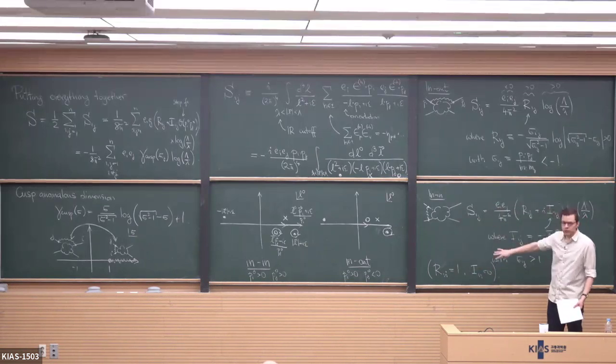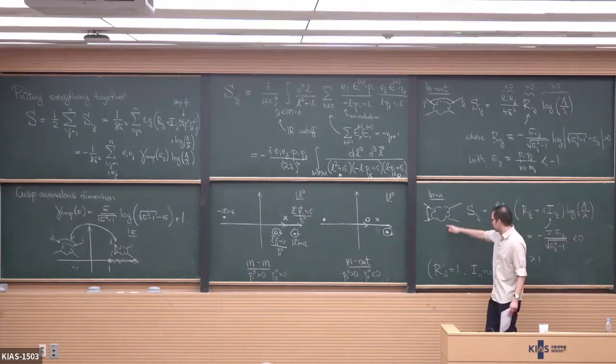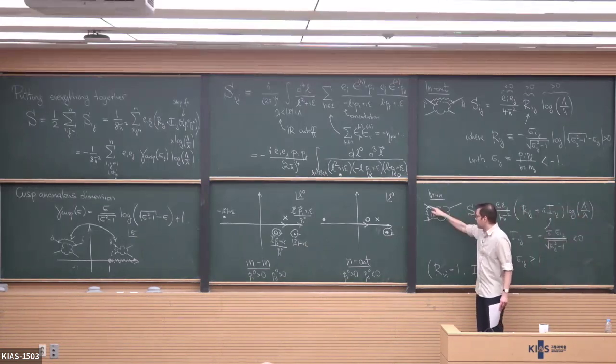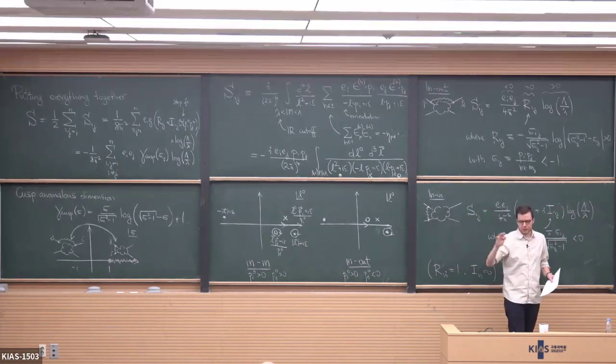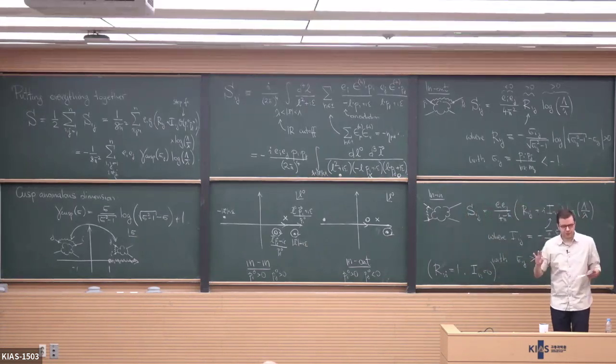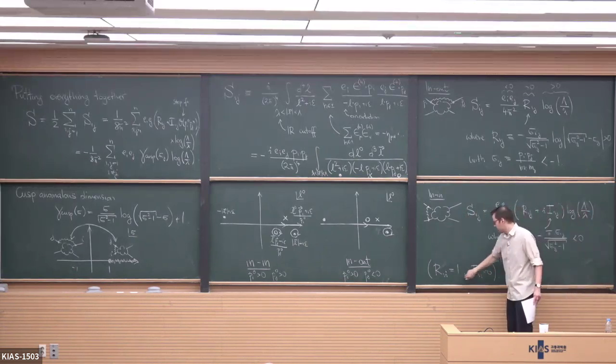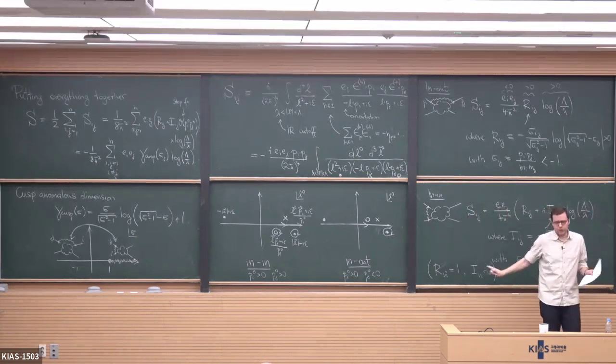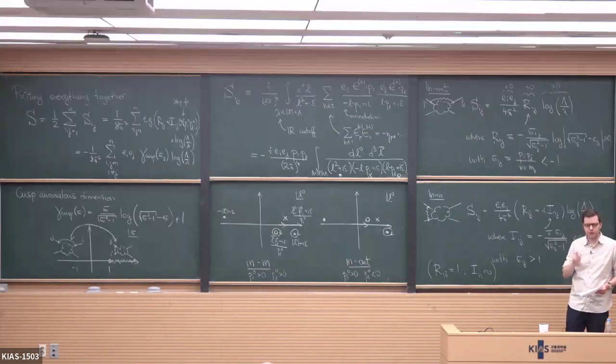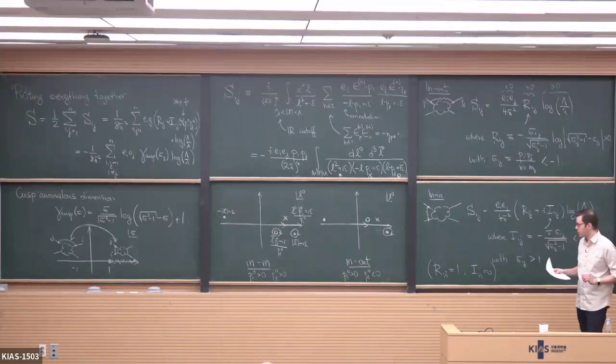Here I slightly cheated. In principle, you have to do a very careful analysis, but this case is very special because it has to do with wave function renormalization as well. There's a rather lengthy analysis that you have to do to work out that it works out to be this and this. Here I just told you the answer. I can give some references in which people worked it out carefully.